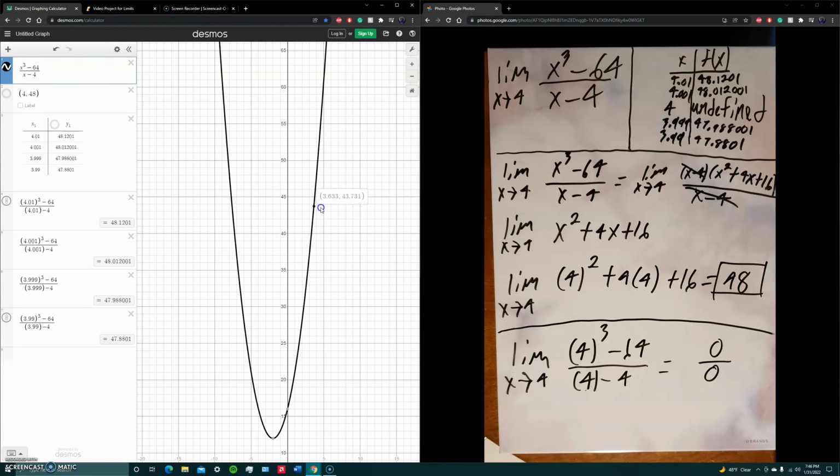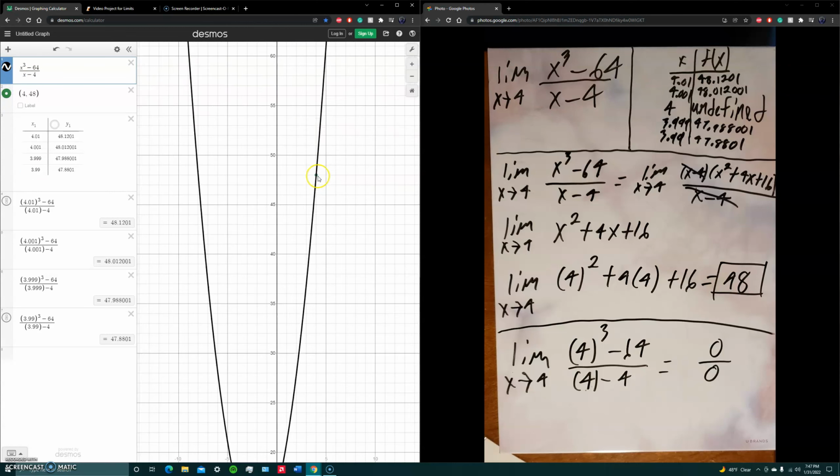So as the answer gets closer to 4 and undefined, we get at 3.993, it's 47.916. And if we go higher, 4.015, we get 48.18. So it gets close to 48.